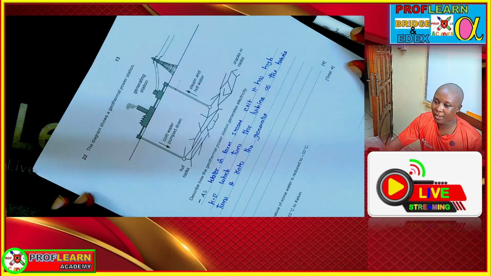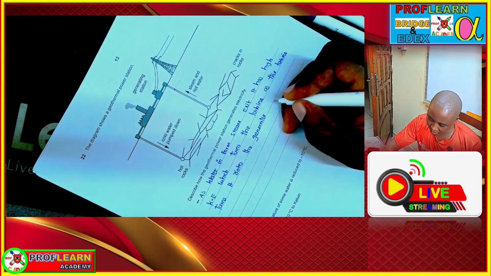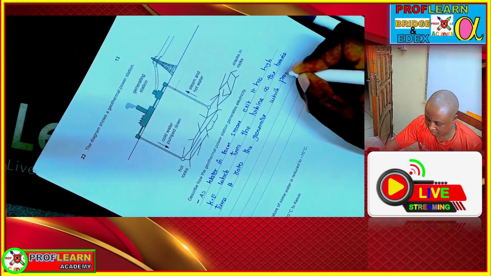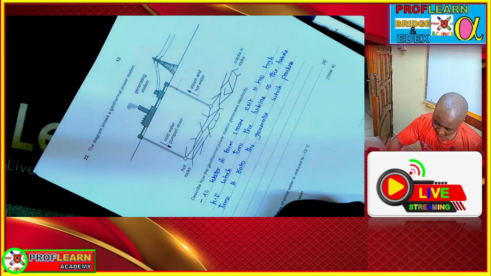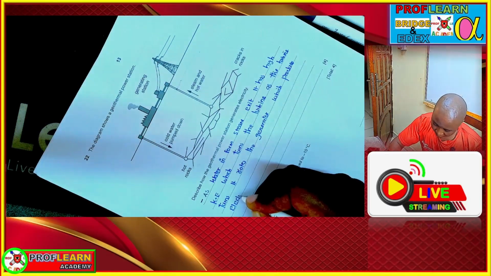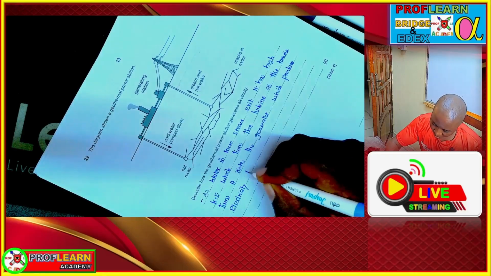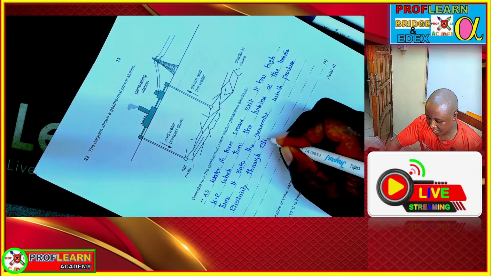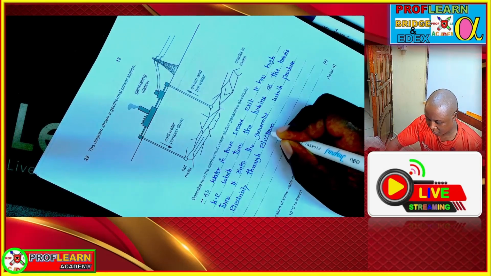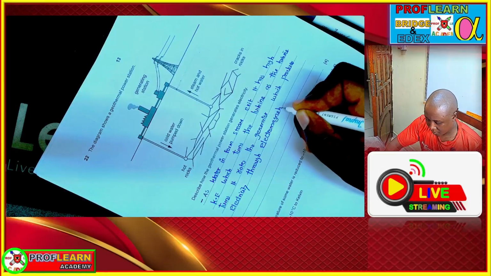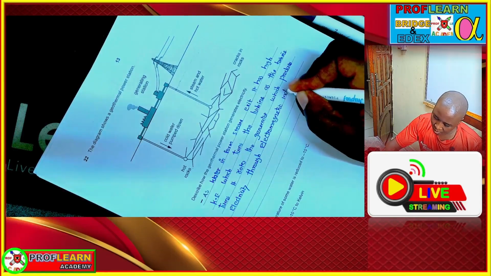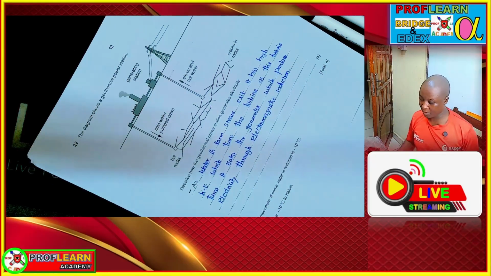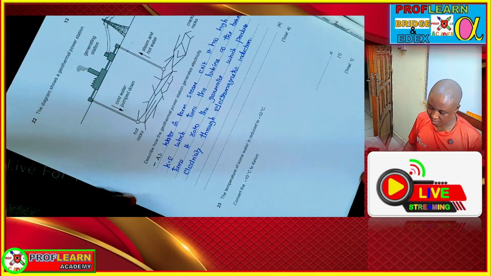As the turbine turns, this rotates the generator, which produces electricity through electromagnetic induction. So basically that is how electricity is generated.